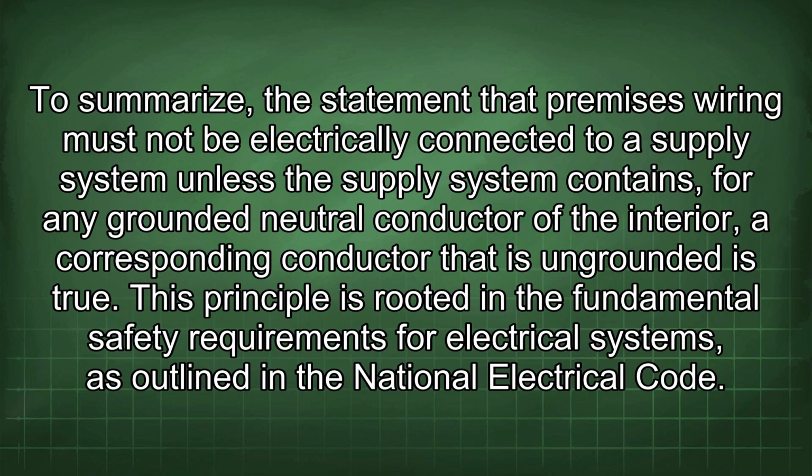To summarize, the statement that premises wiring must not be electrically connected to a supply system unless the supply system contains, for any grounded neutral conductor of the interior, a corresponding conductor that is ungrounded is true. This principle is rooted in the fundamental safety requirements for electrical systems as outlined in the National Electrical Code.